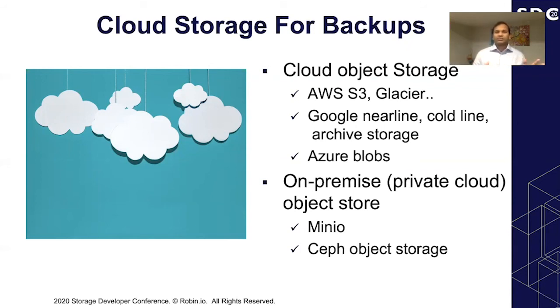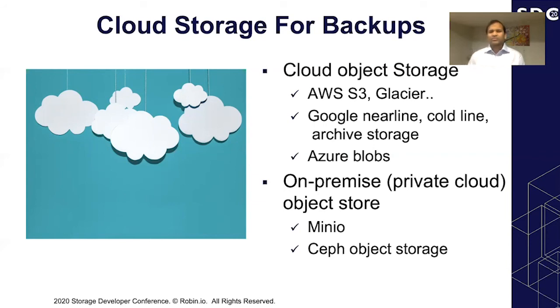AWS, Google, and Azure have their own object stores, and you can transfer this particular application snapshot to the object store and manage the different backups there. Each object store has its own characteristics, its own tiering available within the object store, and capabilities to make data read-only and things like that. So they form a very good basis for storing the snapshots.